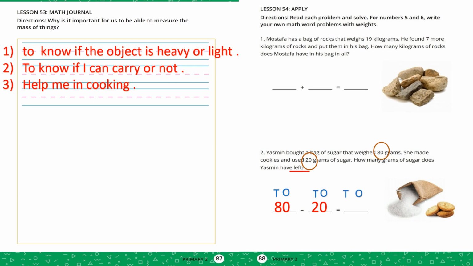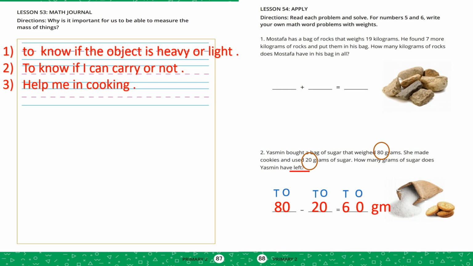We start from ones. 0 minus 0 equals 0, so we write 0 in ones. Tens with tens. 8 minus 2 equals 6, so we write 6 in tens. Then the answer is 60. 60, and the unit is what? The unit here, grams. Then equals 60 grams.